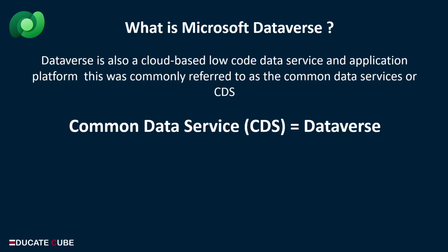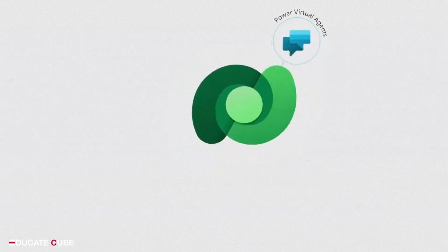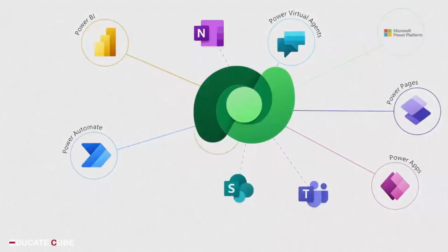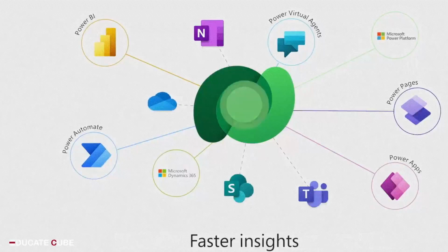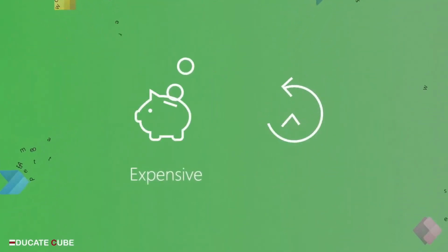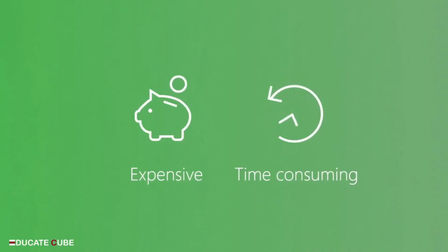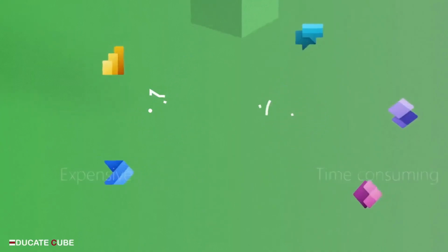And Dataverse gives us a way to structure a variety of data and business logic to support interconnected applications and processes. So let's continue. What is Microsoft Dataverse? Dataverse is a system of action which empowers your entire organization to unlock data's fullest potential, leading to faster insights and helping you overcome the expensive and time-consuming problems of building out a complex data infrastructure.